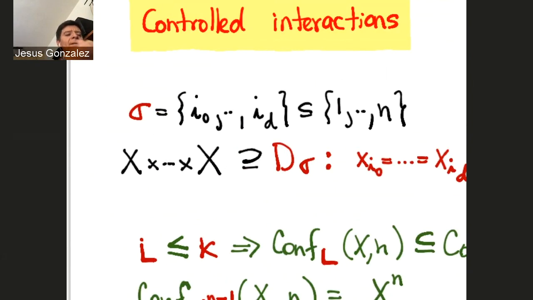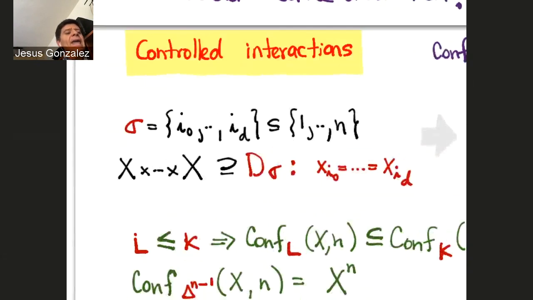These are to be thought of as the factors of the Cartesian product. And then consider this partial diagonal defined by sigma, which is just the diagonal consisting of those n-tuples for which these d+1 points in the coordinates I0 up to ID are all equal. This is a partial diagonal.